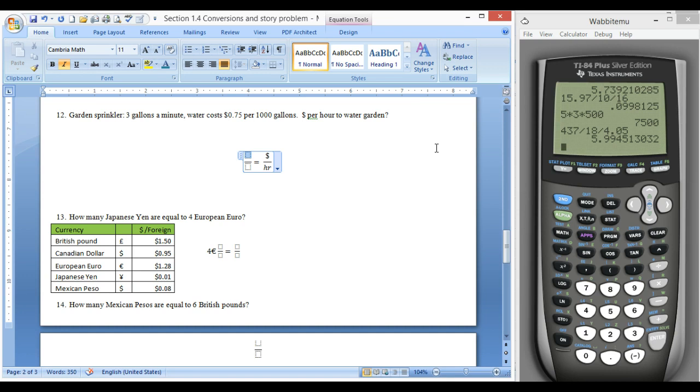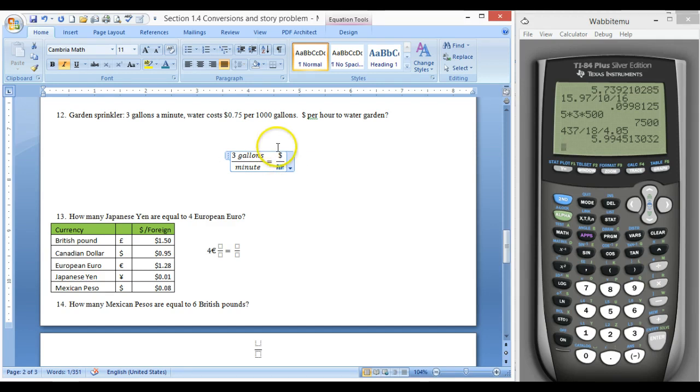So it costs 75 cents per 1,000 gallons. Let's keep that off for just a minute. Let's start with the 3 gallons a minute. So I'm going to do 3 gallons per minute. Notice I have time on the bottom, and I want to end with time on the bottom.